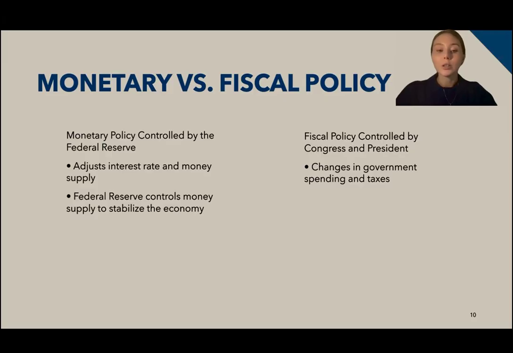During recessions, the government uses expansionary fiscal policy, which is spending more and cutting taxes, but during inflation, it does the contrary, which is reduced spending or raising taxes. Together, these two policies help to balance everything out and grow and stabilize the economy.